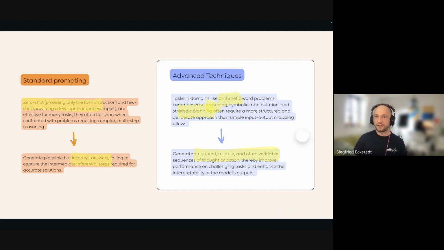And usually this is just with more challenging tasks. And this is what we want to uncover today.